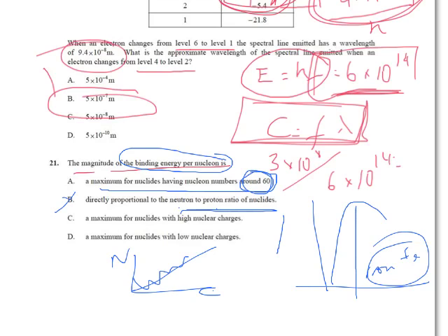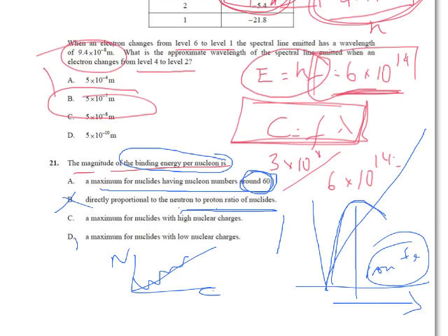So we'll disregard B. C, a maximum for nuclides with high nuclear charges. Well, that's not necessarily true, because it's saying that as the atom got bigger, you would have the binding energy increasing, and that's not actually true. Remember, it peaks in the middle and then comes back down again.